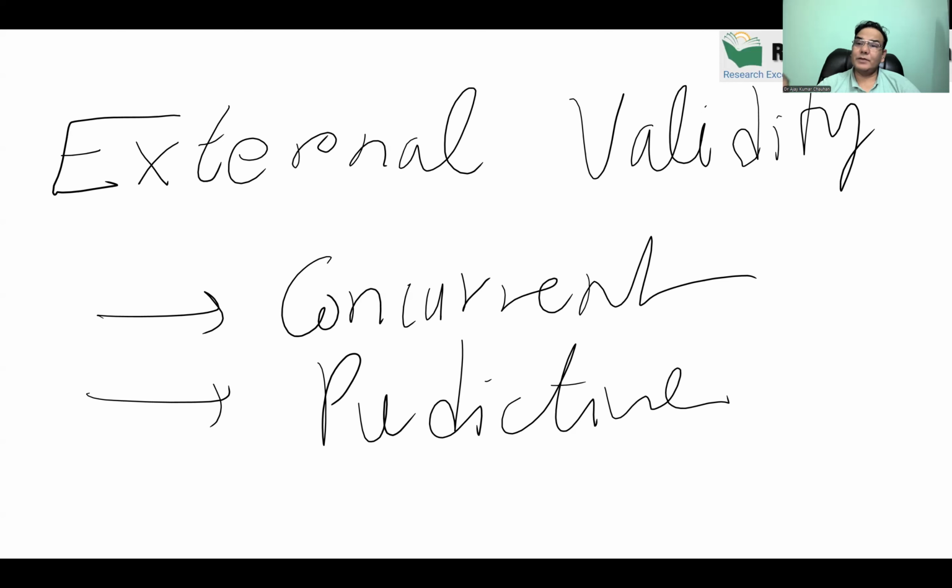So predictive validity means the application of the experiment in future, and concurrent validity is the application of the experiment over the area. So there are two formats of external validity: concurrent validity and predictive validity.